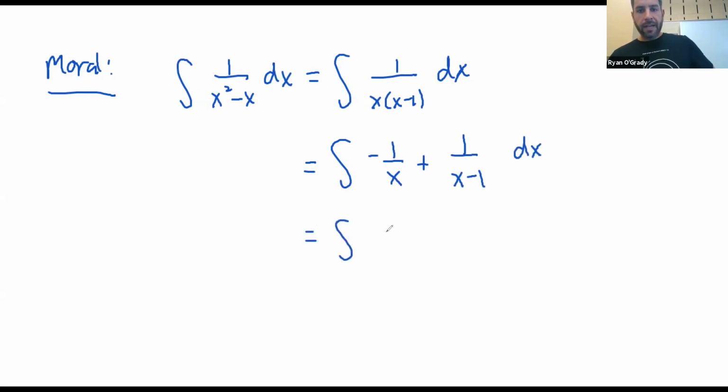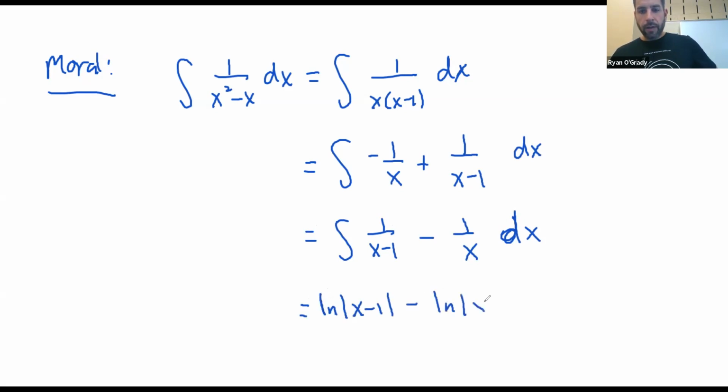I'm going to rewrite this just because I hate that minus sign out front. It makes me nervous I'll mess up. And so this just becomes the natural log of x minus 1 minus the natural log of the absolute value of x. Isn't this fun? What a beautiful integral.